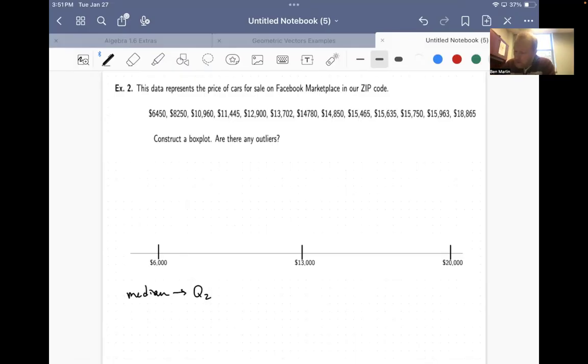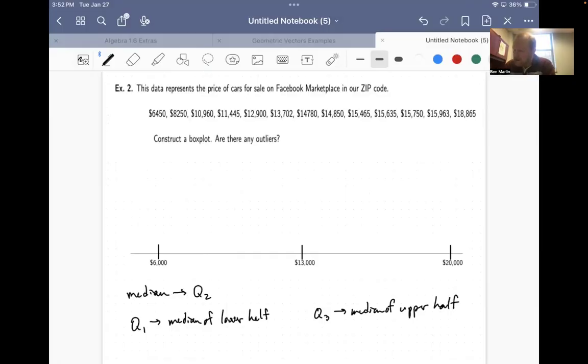But then what you will do to find something called Q1, which is the first quartile, is to find the median of the lower half. And you can probably guess that Q3 is going to be the median of the upper half. Okay, so those numbers, Q1, Q2, and Q3, are going to form a box that we're going to put above our number line.